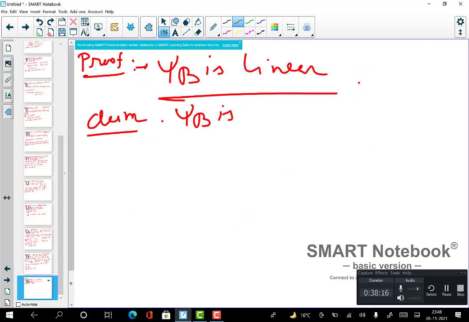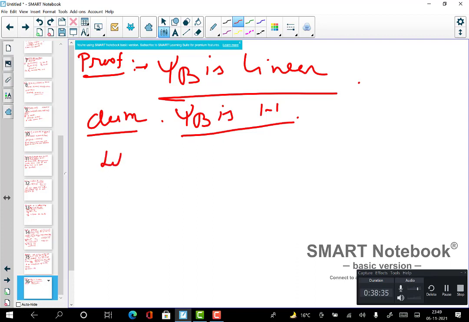Now how does psi B look? This is for the first claim, that it is 1-1. So I need to find out what the kernel looks like, right? We choose an element from the kernel, and this must be the zero element.